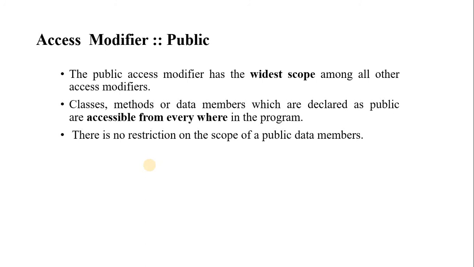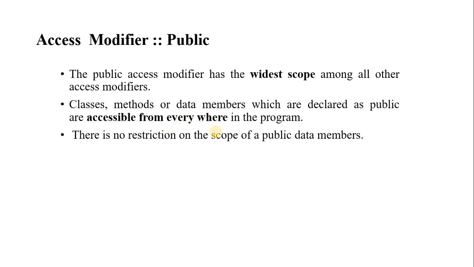Coming to the modifiers, we have public, private and protected. Public is the widespread one, and it can be accessed in any class or even any other packages. It has the widest scope of all the modifiers, so it can be accessed from anywhere in the program. Any other package can call it.